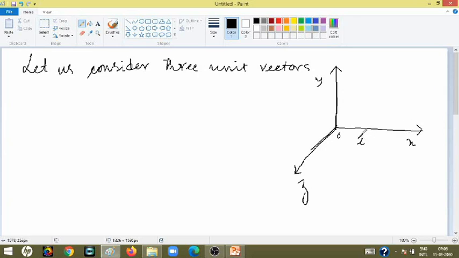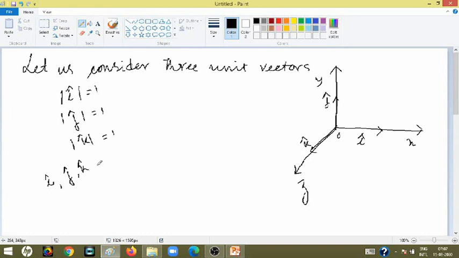Now if I denote the unit vector i, the unit vector j, and the unit vector k in the same direction of the x-axis, y-axis and z-axis respectively, then i, j, k are unit vectors along the three mutually perpendicular axes.